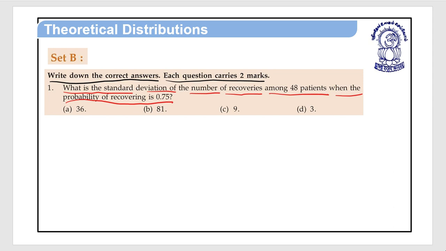Total number n is equal to 48 patients. Here probability p is given, 0.75. Then you can find out q, 1 minus p. So 1 minus 0.75 is equal to 0.25.